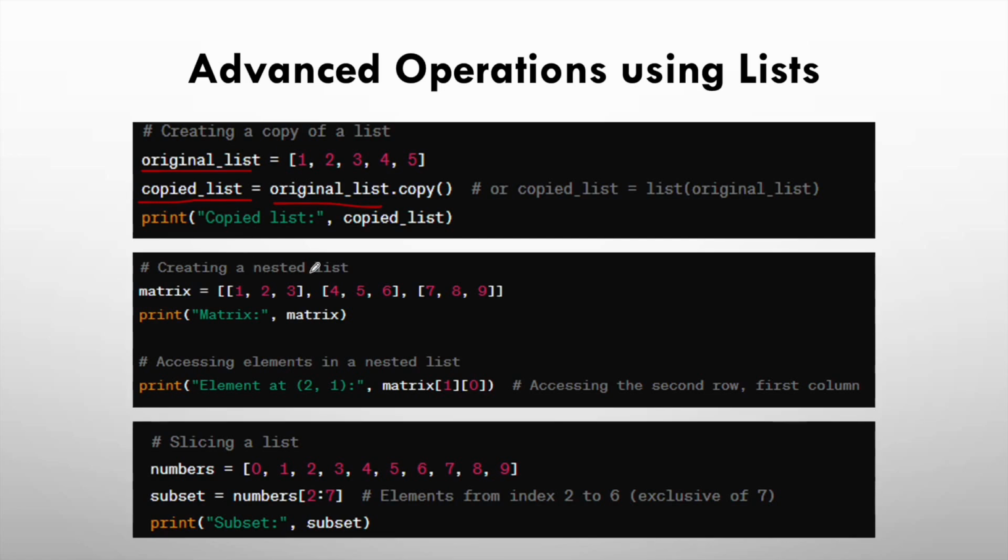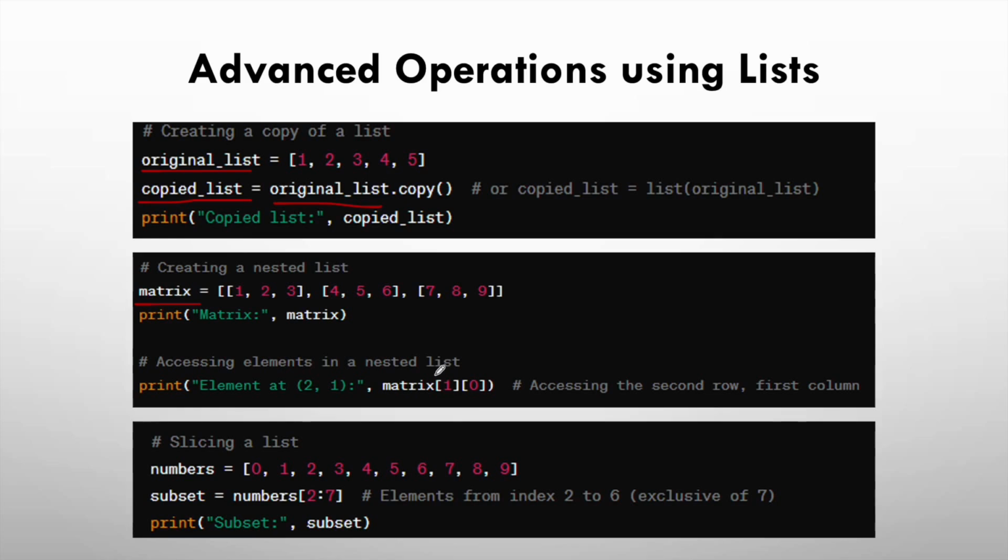Now to create a nested list, we create a list here, but this time we are using square brackets within square brackets. So now we have lists. Here you can see we have 3 lists within another list called matrix. Now to access an element in this sort of nested list, we write the name of the list, and instead of previously, where we only put 1 square bracket, now we need to use 2 because we need to specify both the row and the column.